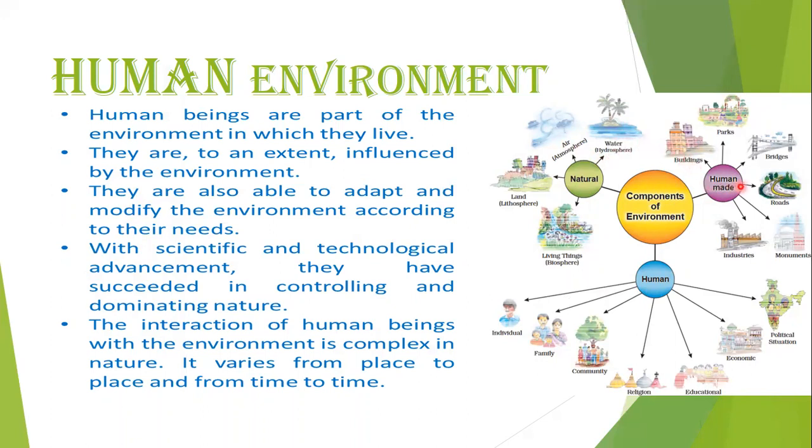And in human-made things, there are buildings, parks, bridges, roads, monuments, and industries. And there is also a component of environment known as humans: we, individual, family, community, religion, education, economic, and political situations.